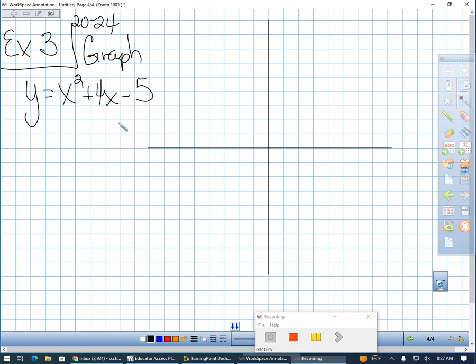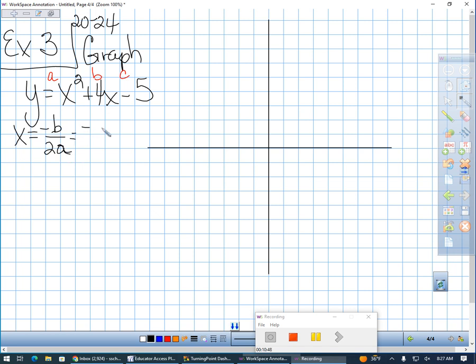So to graph, the very first step, we find the axis of symmetry. So again, that's what we were doing. So this is my A, my B, and my C. So my axis of symmetry is x equals negative b over 2a.